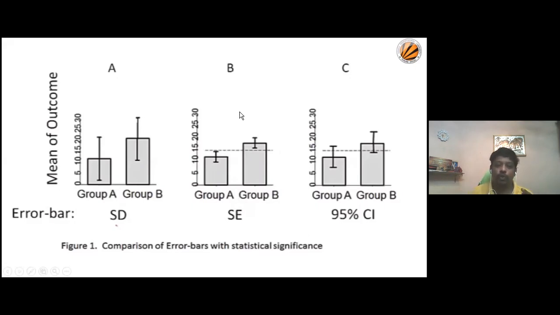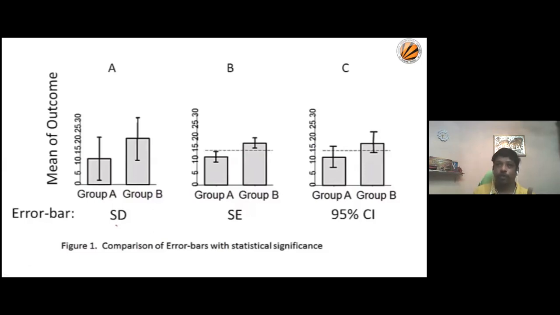Again, when you want to compare the effectiveness of the intervention between the two groups, we must not use one standard error as the error bar. Rather, you must use two standard errors. I think two standard errors is equal to your 95% confidence interval.